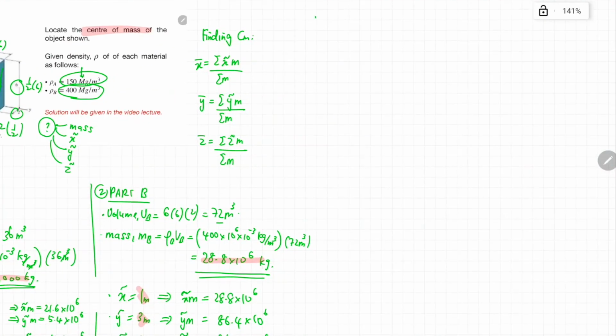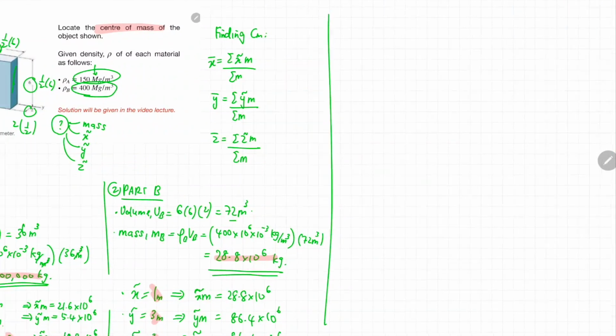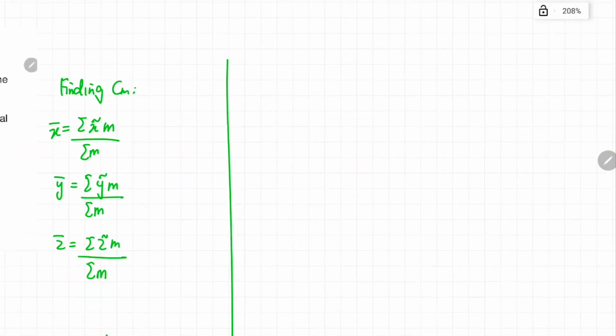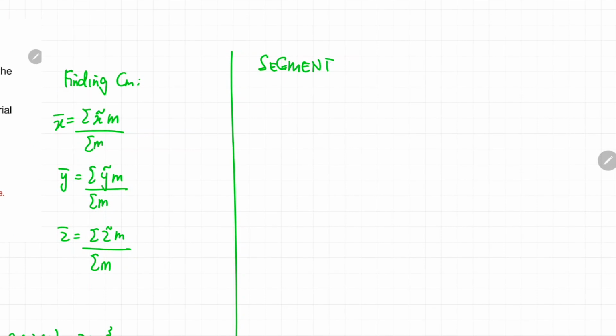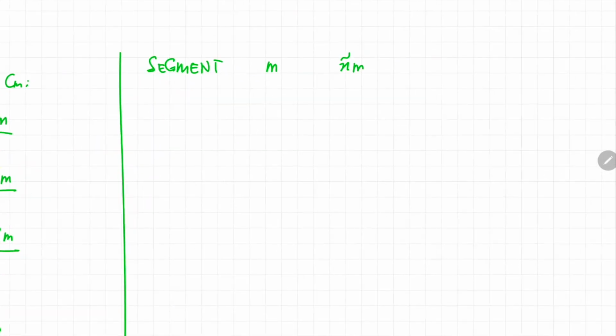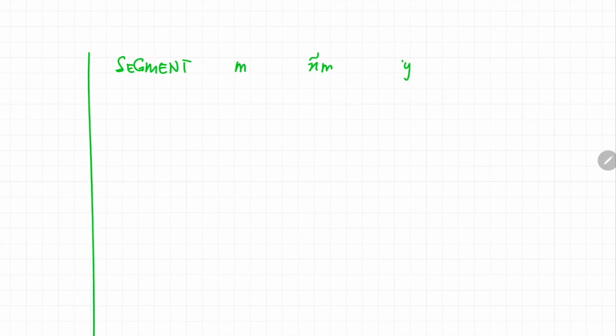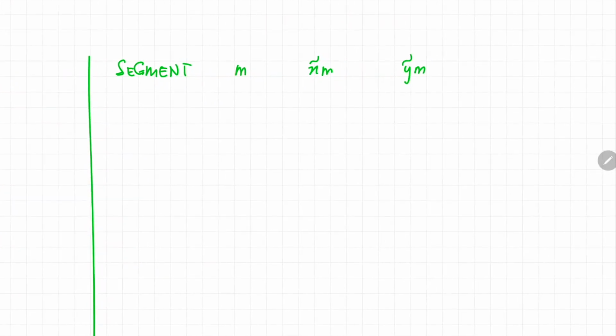And now that's done, I can organize my information in a table nicely. Okay, so the first column of my table would be the segment of the block. The second column would be the mass of each block, and the third column would be the multiplication of the x curve with m, and the fourth column would be the multiplication of y curve with m.